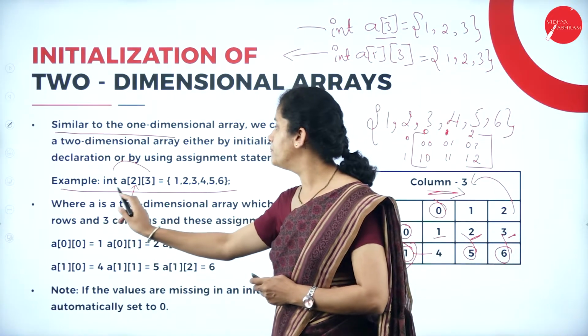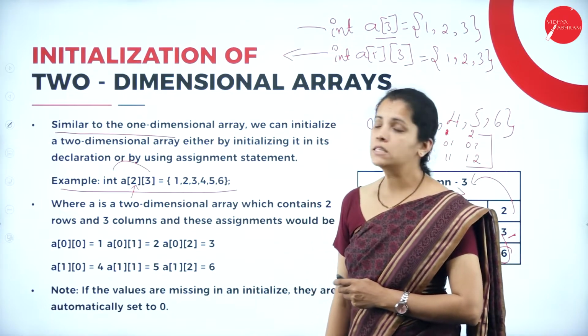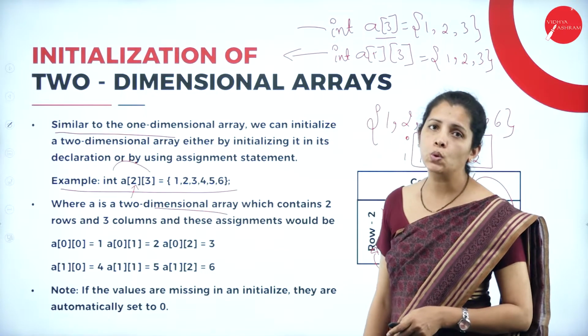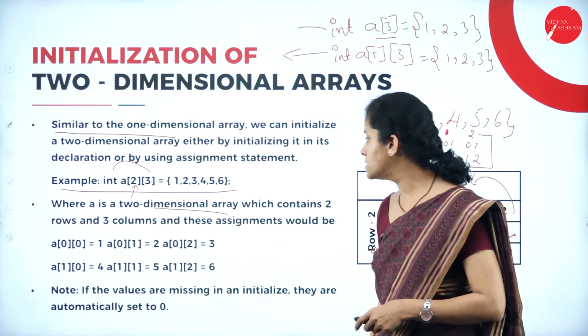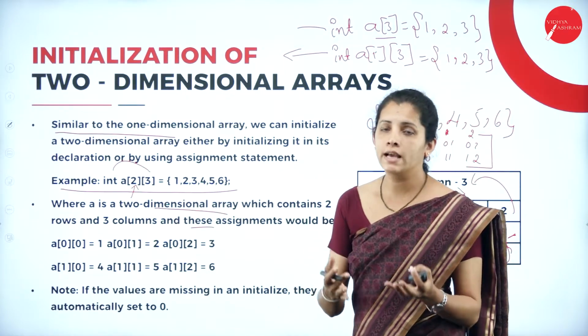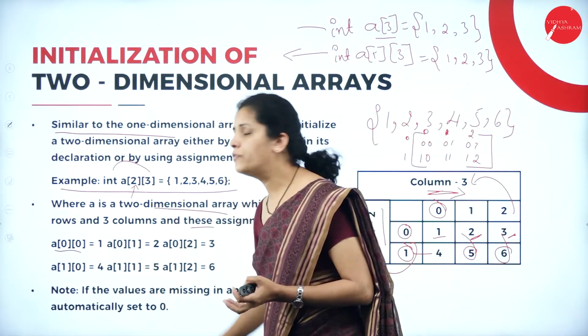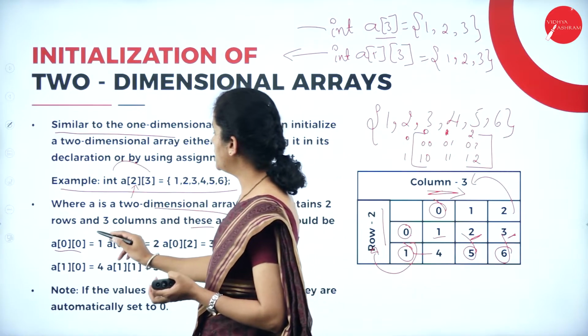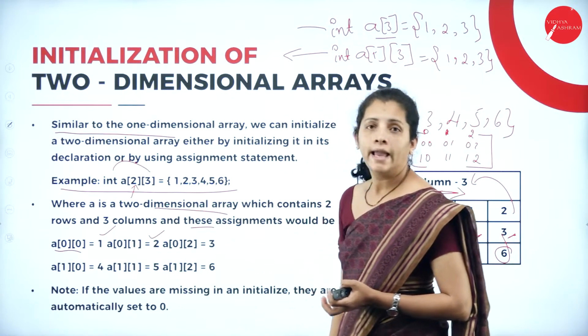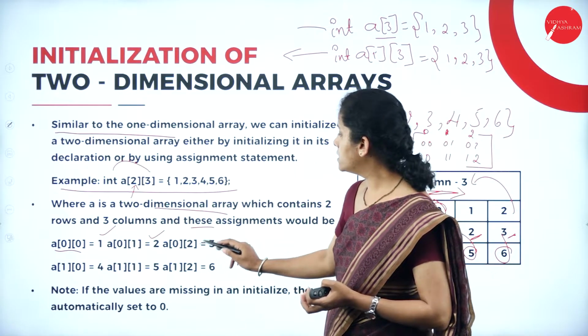Here A is a two-dimensional array which contains 2 rows and 3 columns, and these are assigned. How is it assigned? In A of 0,0 I place 1. In 0,1 it is 2. In A of 0,2 it is 3.